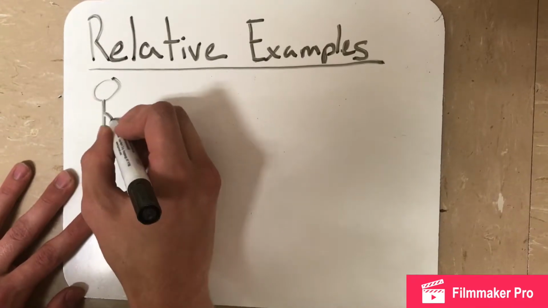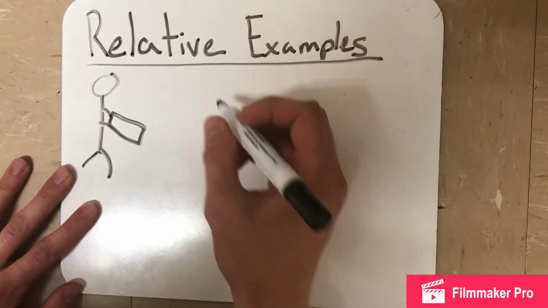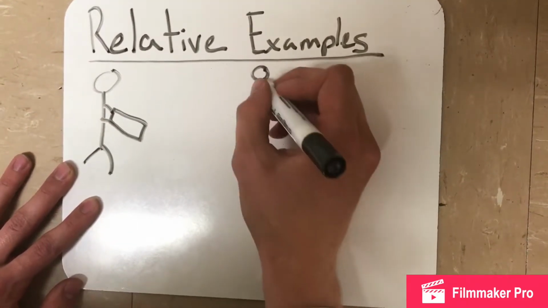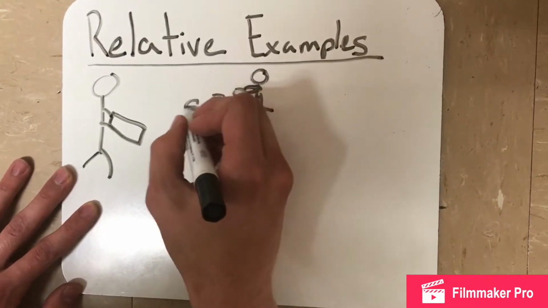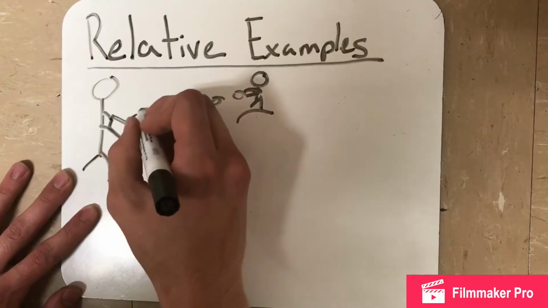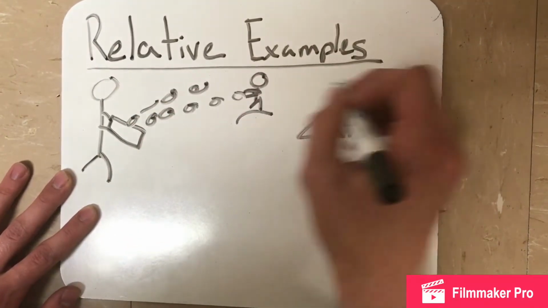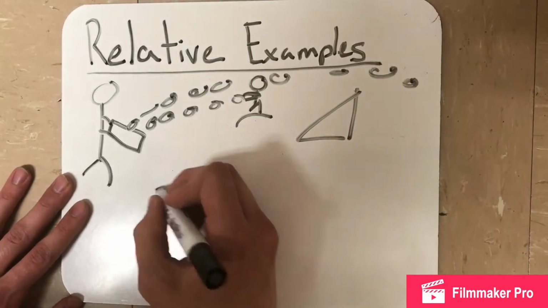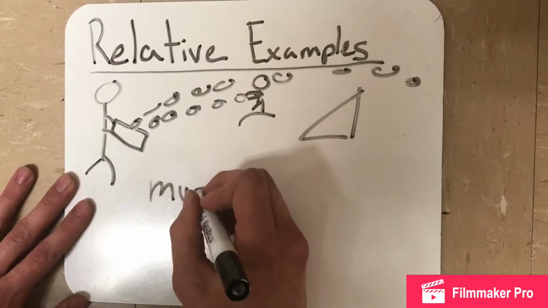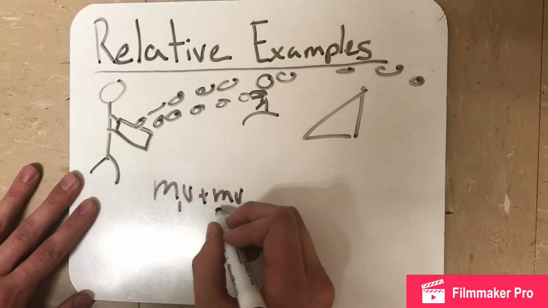So for our first relatable example, we're going to use a little baseball analogy. You've got your guy here with his bat, and you've got your pitcher up here on the mound. He's throwing a fastball, and you are hoping to hit this fastball out of the stadium with all these fans, because that would be cool, right? To use that, we have our momentum equation, m1 and m2.